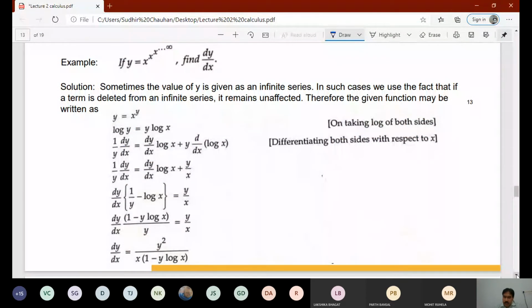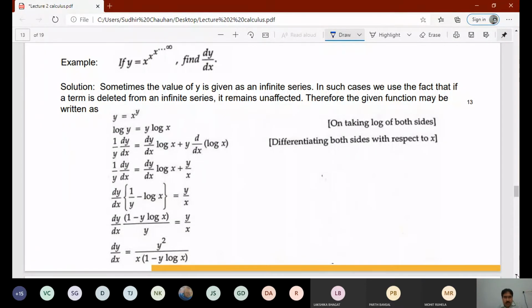Now we have some different type of questions. Suppose we have a function y as an infinite series. So in case of infinite series, we have to take this function as y is equal to x raised to power x raised to power x and so on up to infinity. So for that we have to use one property of infinite series.